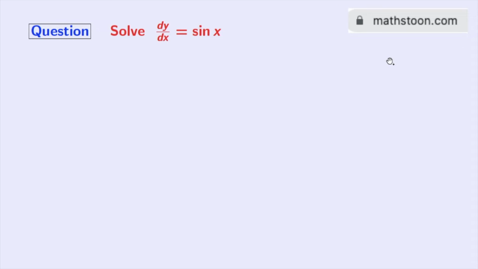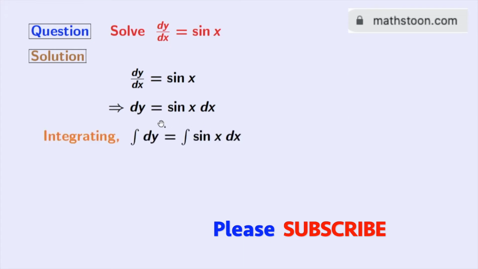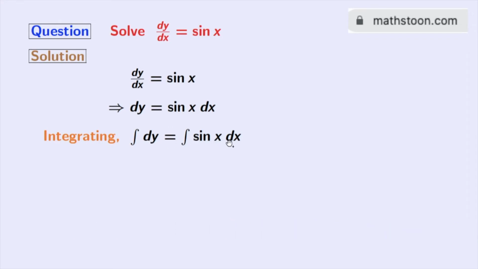Now let's start. This is the given differential equation. Rewriting this, we get dy is equal to sin x dx. Integrating this, we get integration dy is equal to integration sin x dx.